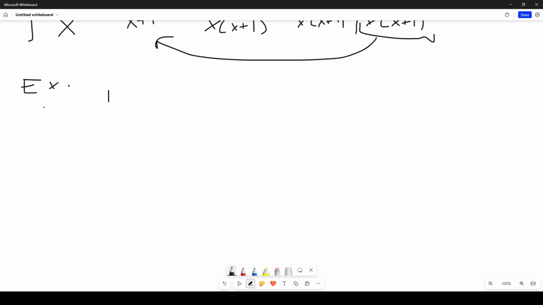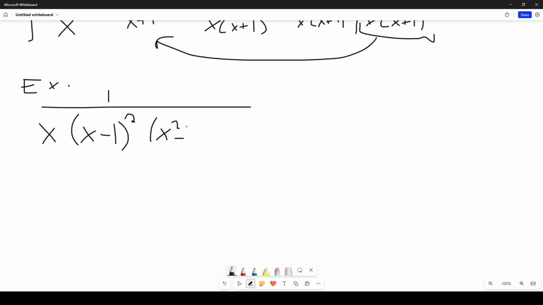Let's say we have something like this huge fraction, x times x minus 1 squared times x squared minus 2x minus 3. Okay, this would be a complete mess to integrate. There would be no way we could possibly do this. Now, if we think about partial fraction decomposition, what might this look like?